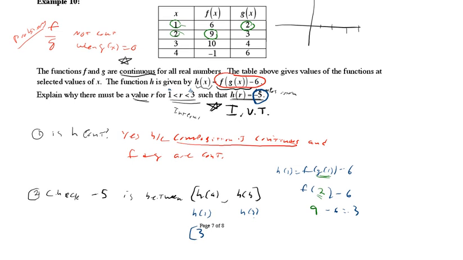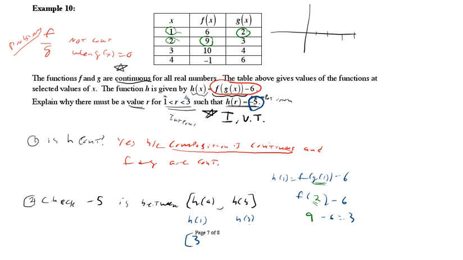Here's where x is 1, and g of 1 is 2. This is how you read the table: when you plug a 1 into g, you get a 2. Then we took the 2 and plugged it into f, and we get a 9.